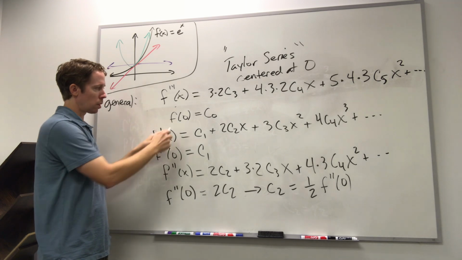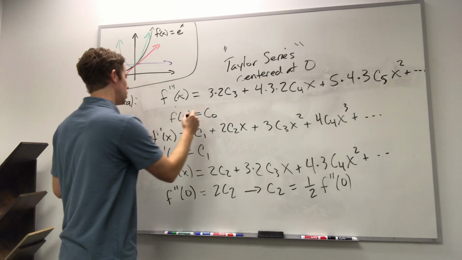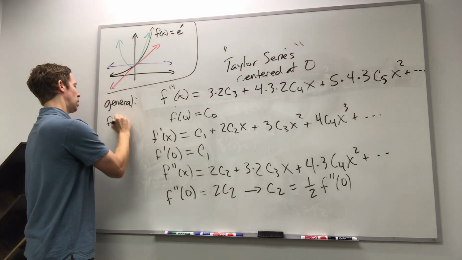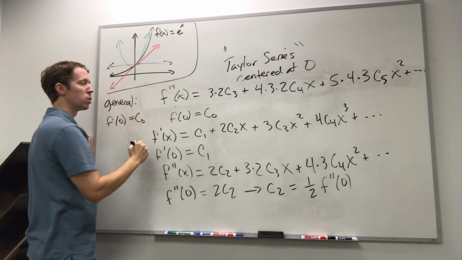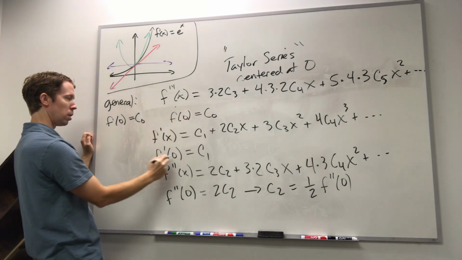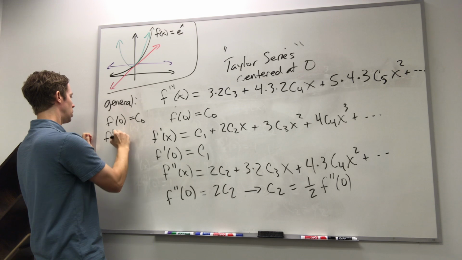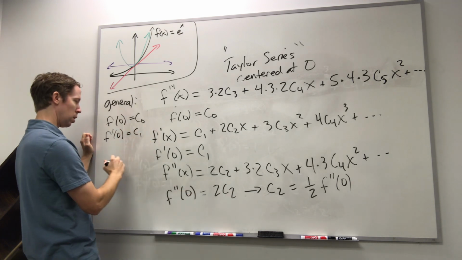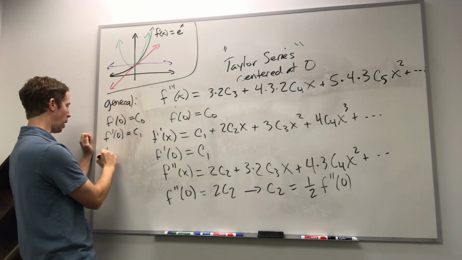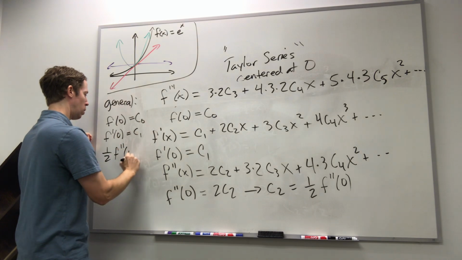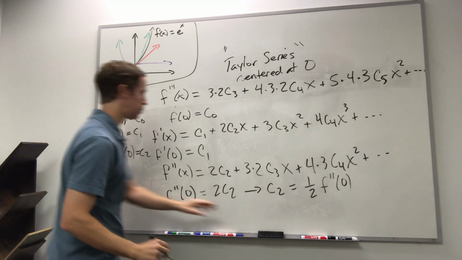So I'm going to remember this off to the side. f of 0 was my original constant. Then f prime of 0 was C1. And then C2 was 1/2 the second derivative evaluated at 0.